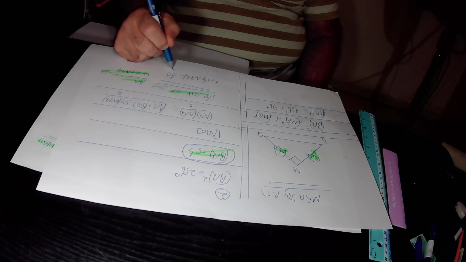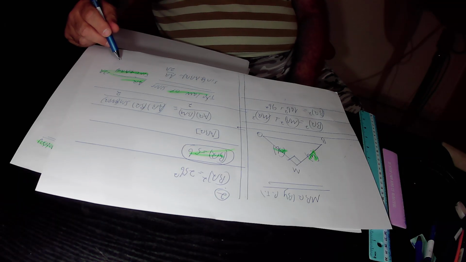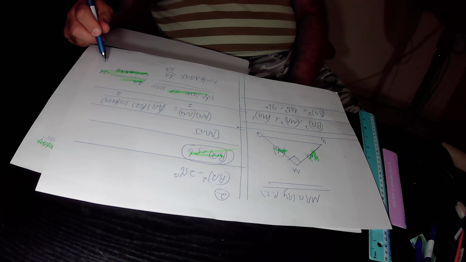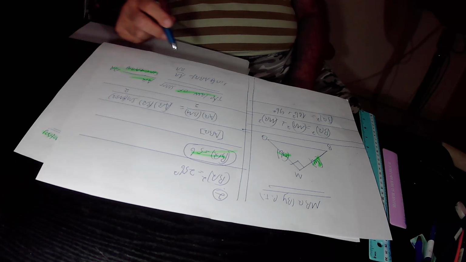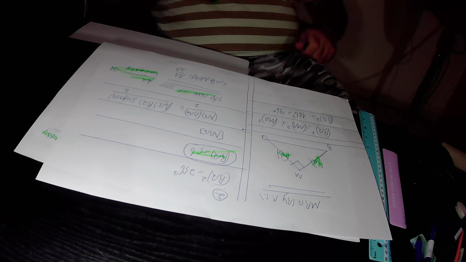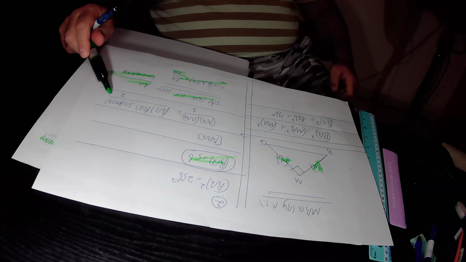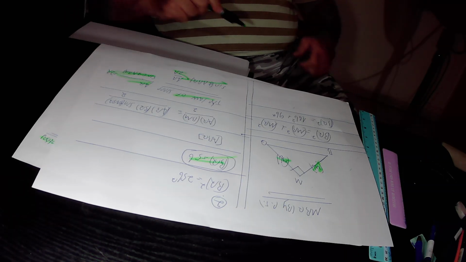Therefore, we can substitute sine angle ABQ in this equation by AQ over 2r.